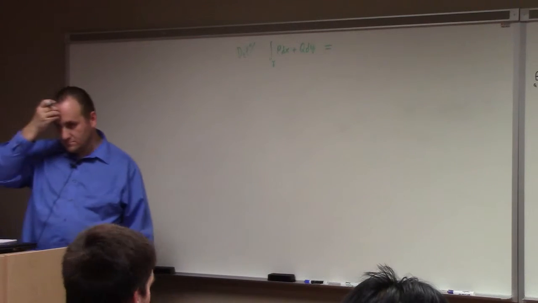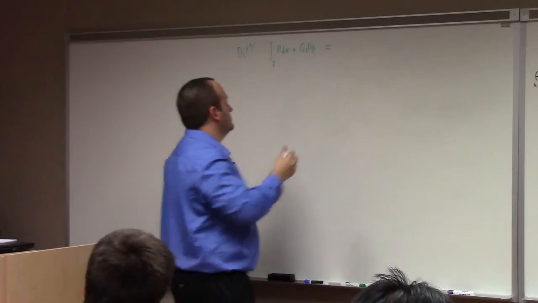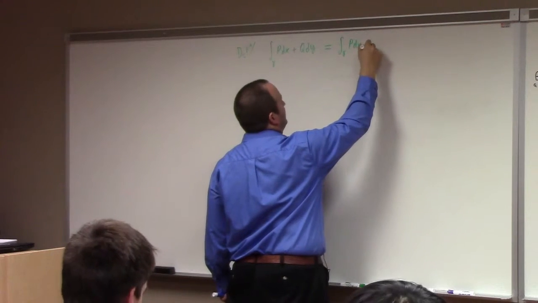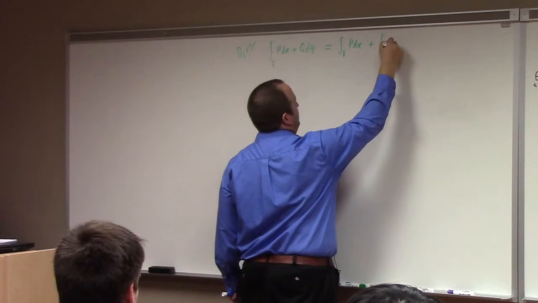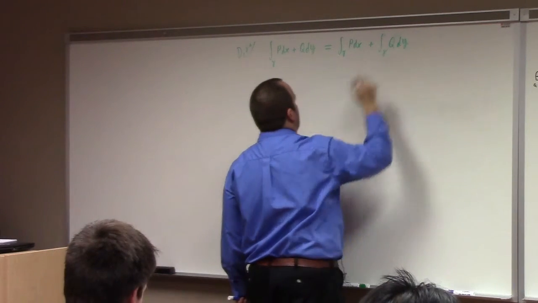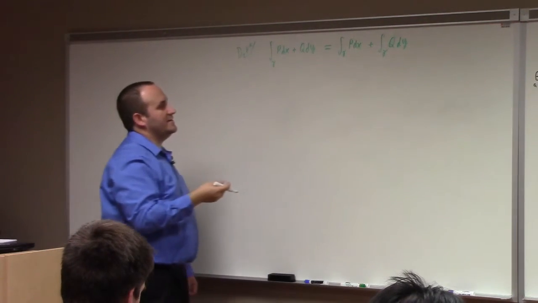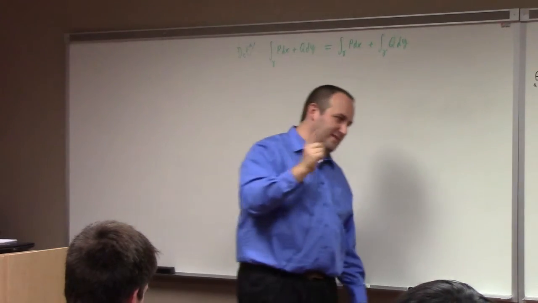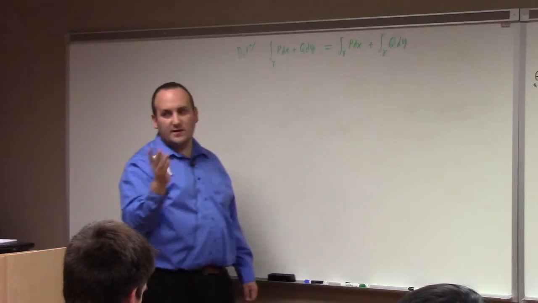The integral of p dx plus the integral of q dy. Yeah, exactly. So it's just what it sounds like. At the moment, this is a definition. Now, keep in mind, you might be tricked into thinking, oh, I already did this in Calculus 3. That's not quite true because P and Q are complex valued.